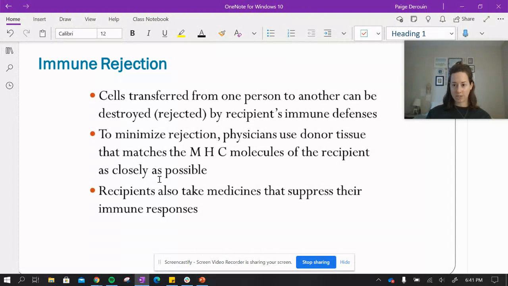For blood donations, it's more related to the blood type. So whether they express those glycoproteins A, B, AB, O is no glycoproteins on the surface of the blood cell, and then also positive or negative. Positive means they have the Rh protein, and negative means they don't.